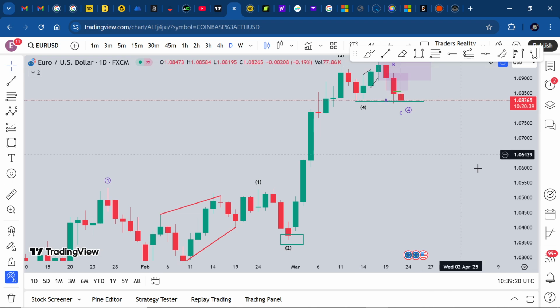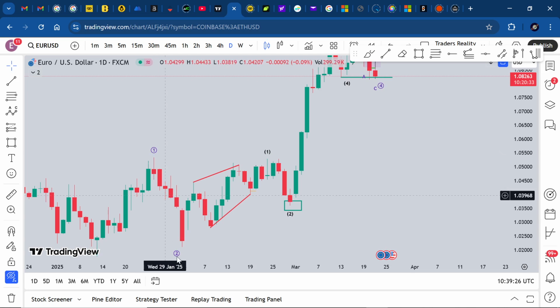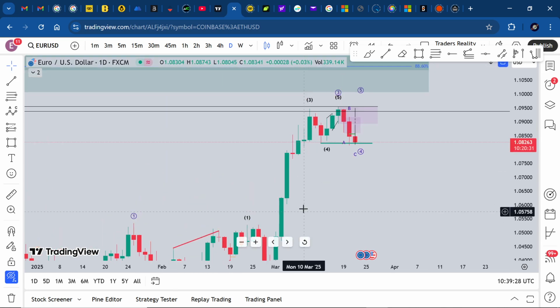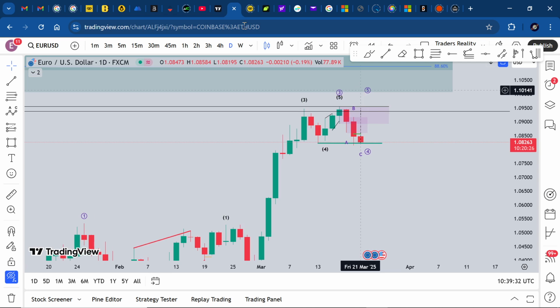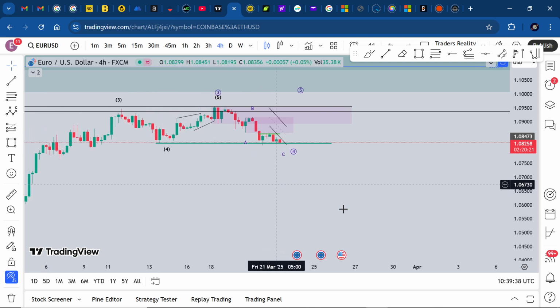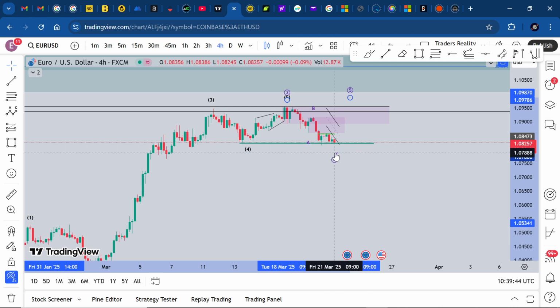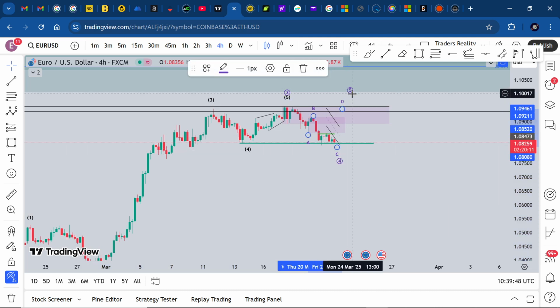If we do not get a purple 4 and a purple 5, then to me, this was A, B, and C. It looks currently to me still more likely that we're looking for 4th wave in purple than the 5th wave in purple.